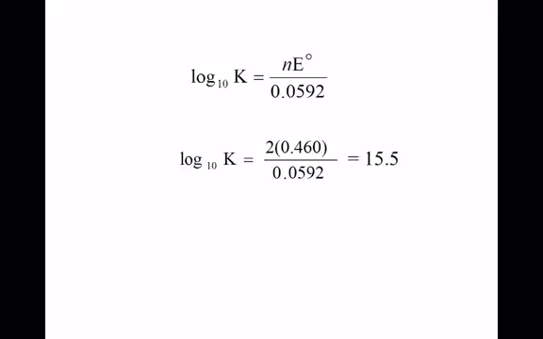Log of K is equal to 15.5. And then this is where we get to do our law of logs magic. We take 10 raised to this quantity, that's equal to K, so K is equal to 10 raised to 15.5. So your K is 3.47 times 10 to the 15th.